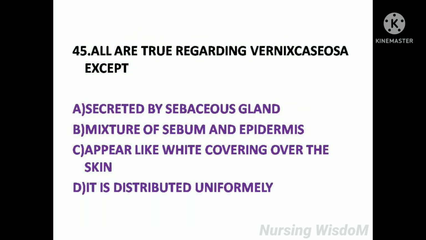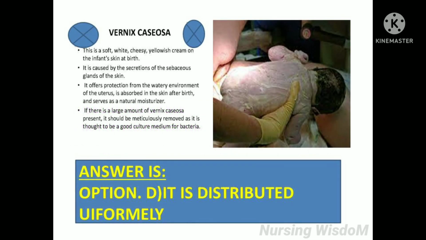Next question, all are true regarding vernix caseosa except option A, secreted by sebaceous gland. Option B, mixture of sebum and epidermis. Option C, appears like white covering over the skin. Option D, it is distributed uniformly. Vernix caseosa is a soft, white, cheesy, yellowish cream on the infant's skin at birth.